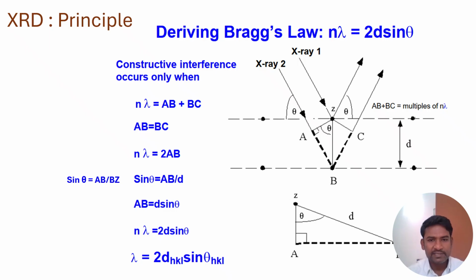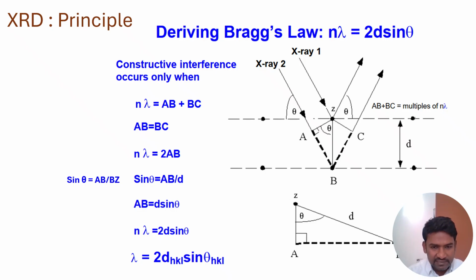Therefore sin theta is equal to AB by BZ, and this BZ is equal to D. So AB is equal to D sin theta. Now let us substitute this AB here. So n lambda is equal to 2 multiplied by AB, that is 2D sin theta.